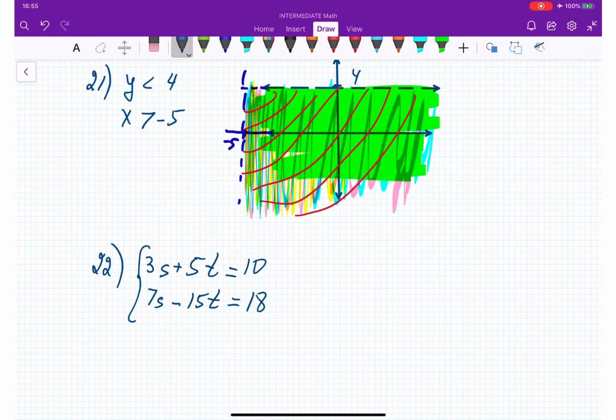So we need to solve with method of elimination. So what am I going to do? Let's write down. 3s plus 5t is equal to 10, 7s minus 15t is equal to 18.